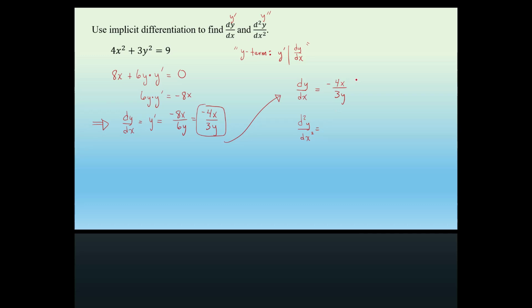This time I have to use quotient rule. I will go ahead and square my bottom so I don't forget. Then quotient rule says derivative of the top, that's negative 4, times original bottom, or regular bottom, minus derivative of the bottom, times original top.